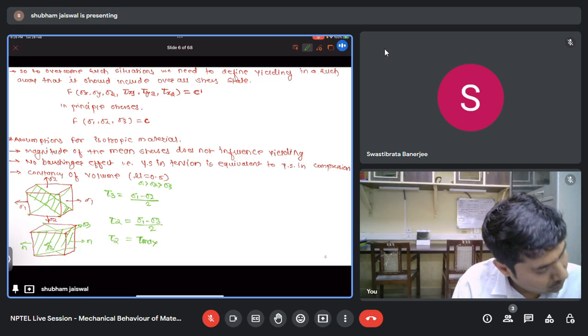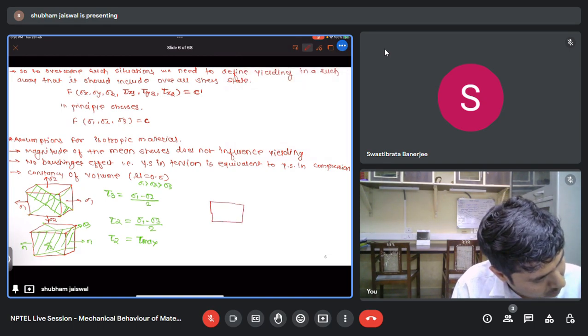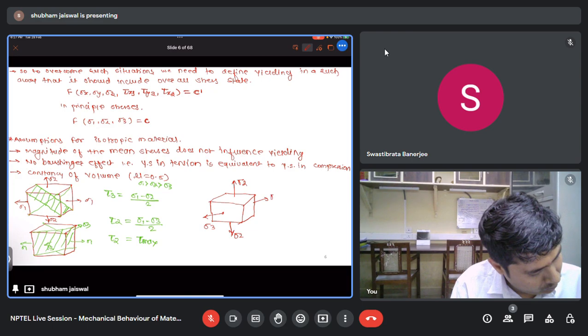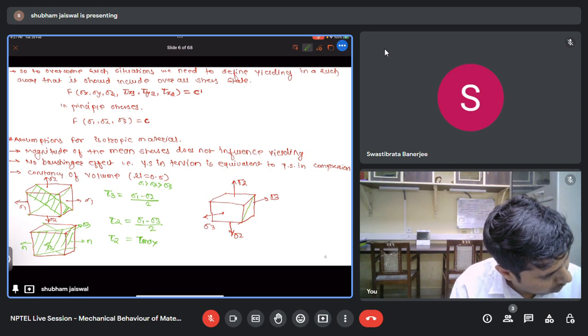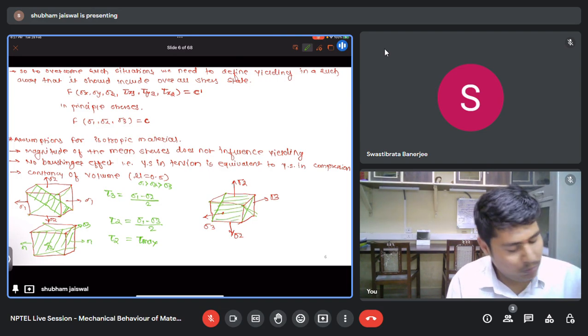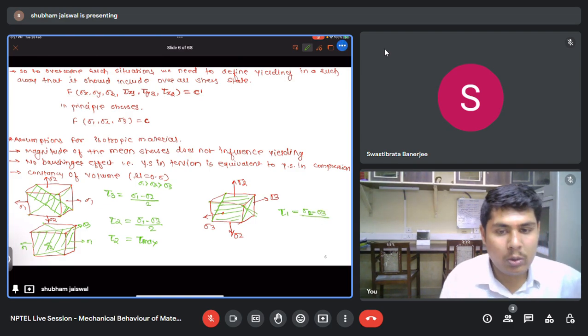And similarly, we have seen, if the material is loaded like this, we will have, so this will be our shear plane, and the shear stress will be given by tau 1 is equal to sigma 2 minus sigma 3 by 2.